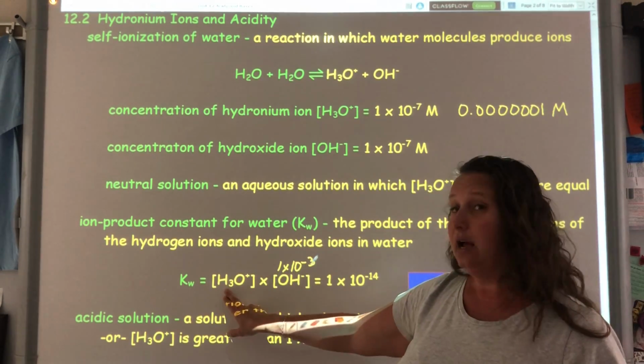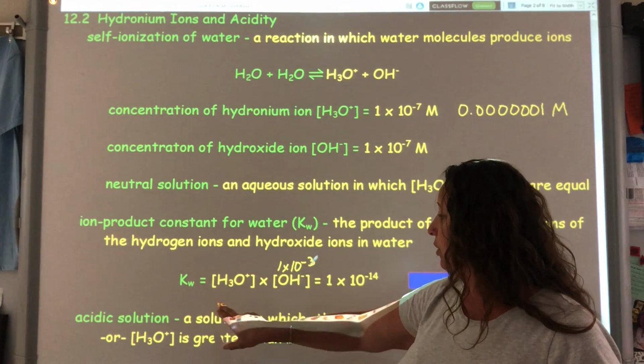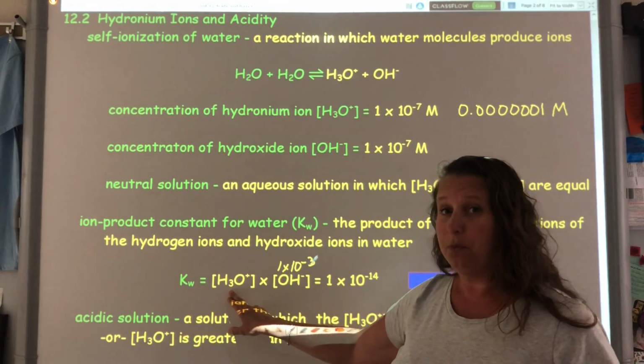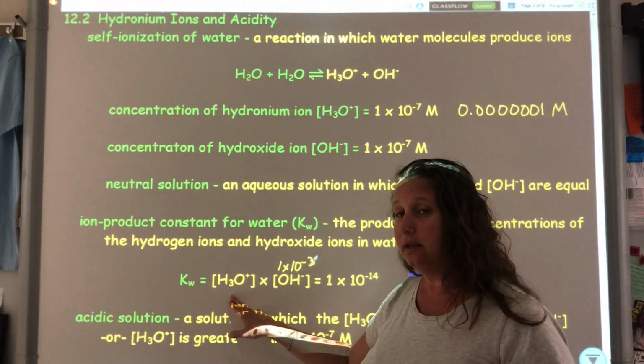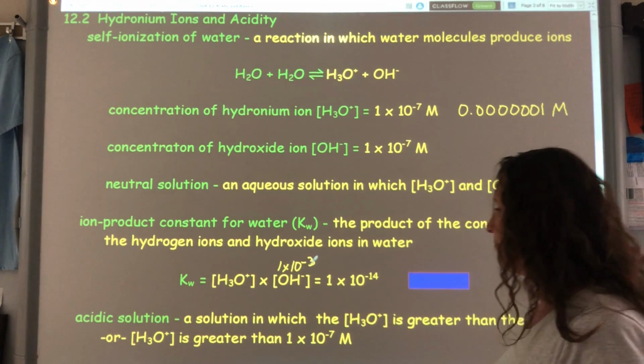That would give us the hydronium ion concentration, which in this case would be 1 × 10⁻¹¹. So there we go.